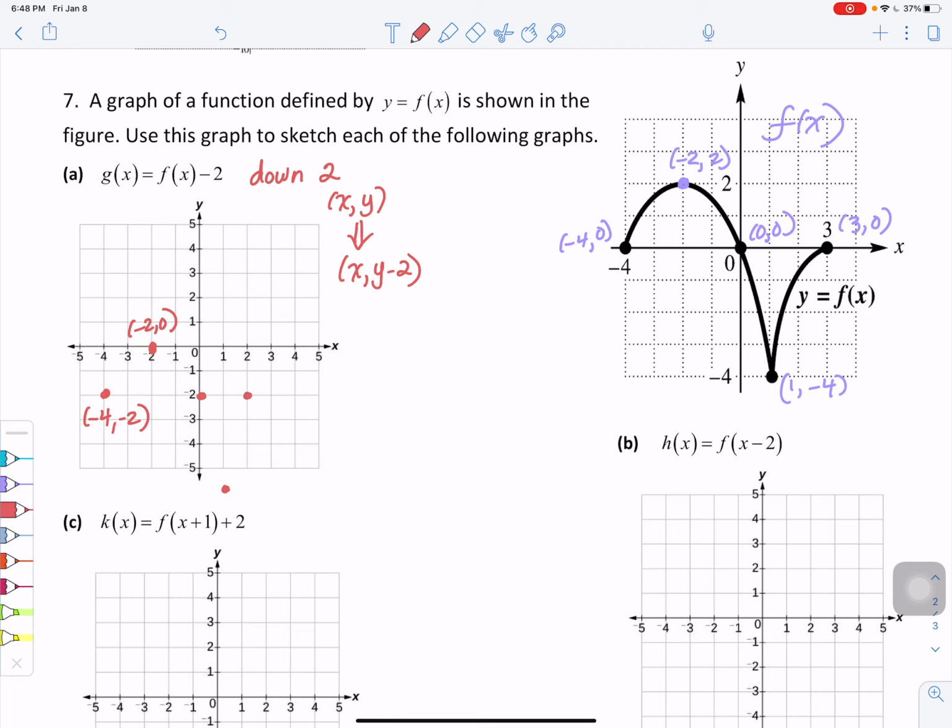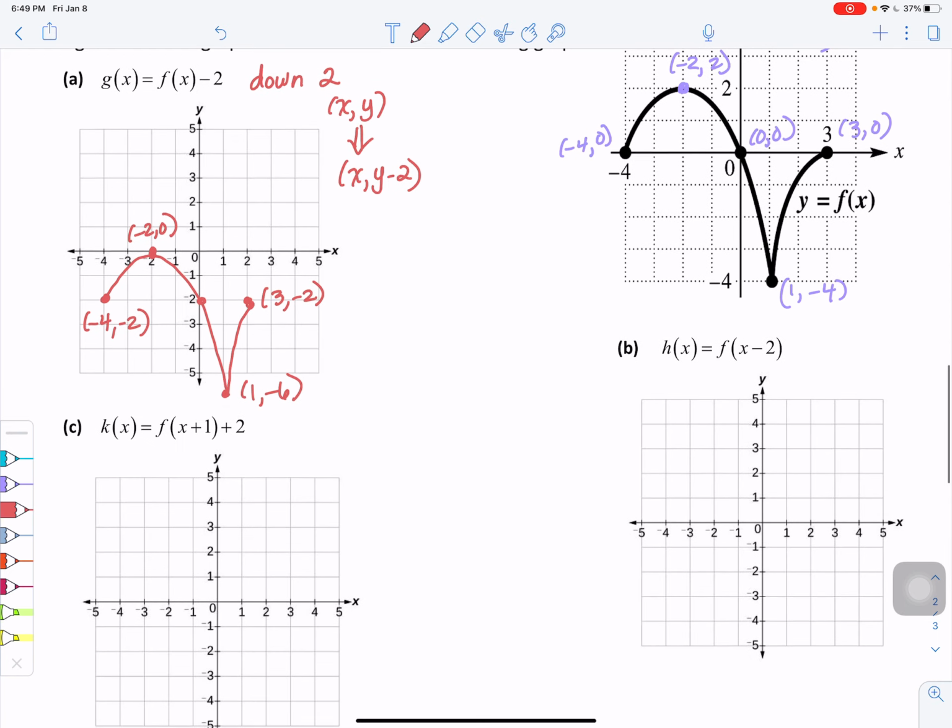And we'll just copy the shape of that graph. That last one should have been curved a little bit more like that. Okay? So I'll write those down, 3, negative 2, and then this was 1, negative 6. Okay?